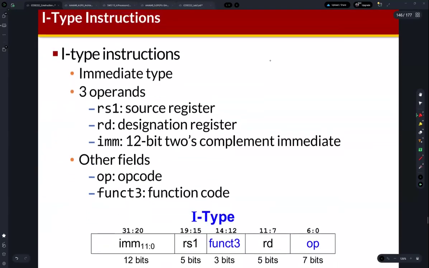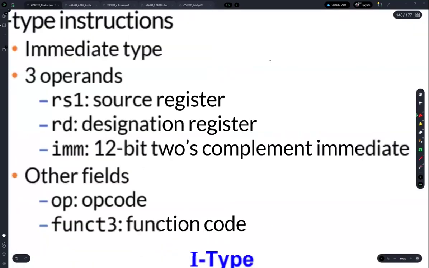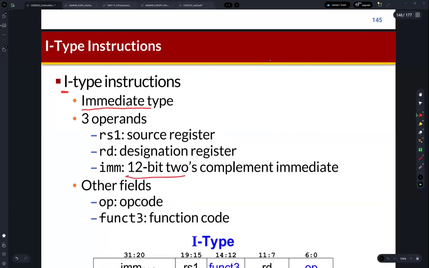And then another type is the I-type instructions. In the I-type, I represents immediate. So it means that I-type instructions include an immediate number. Okay, so what is the immediate number? Immediate number is a 12-bit 2's complement number, right?